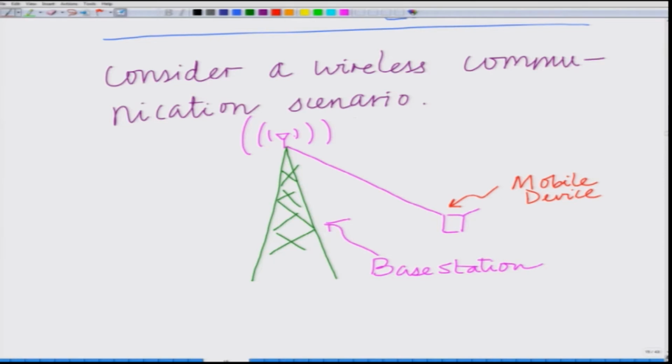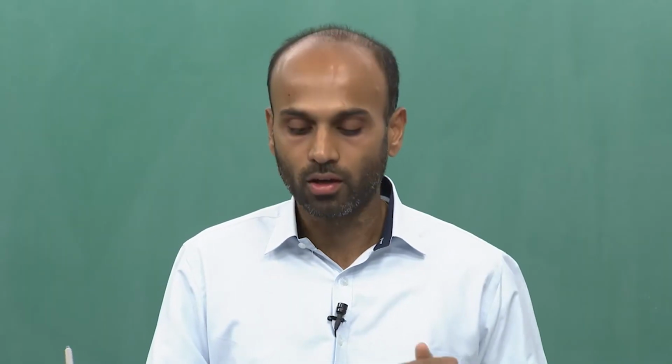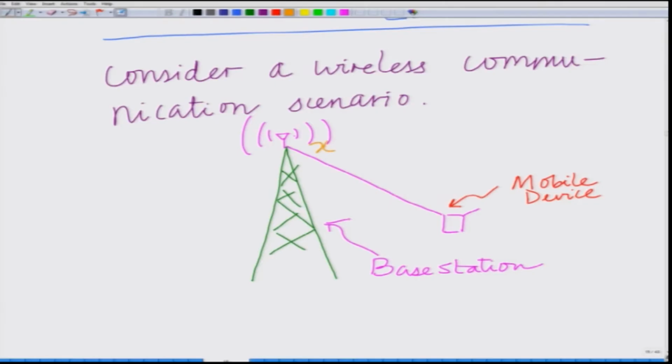Now let's say the transmitted symbol is denoted by xk, the received symbol is denoted by yk. The kth transmitted symbol, where k denotes the time instant, is xk. The received symbol at your mobile device is yk.